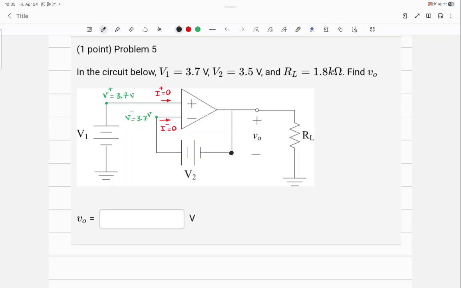Is that the difference between V negative and V2? Yes. So do you agree that this point is V negative minus V2, which is 3.7 minus 3.5 equal to 0.2 volts. So what is VO then? 0.2 volts.